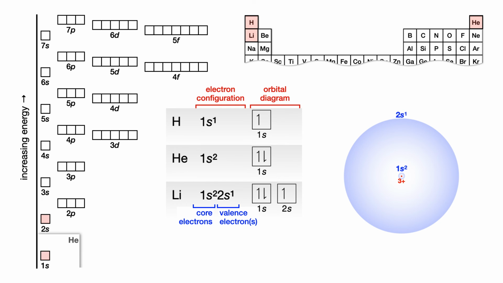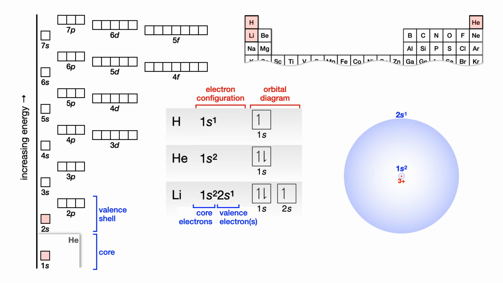And so in the case of a lithium atom, the core electrons have the same configuration as the helium atom. The core electrons are 1s2. And then the second energy level is sometimes referred to as the valence shell. And you can sort of see why the word shell is used, because it is a little bit like an eggshell around the atom.